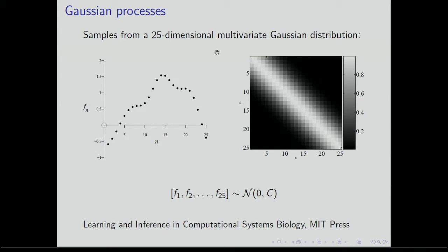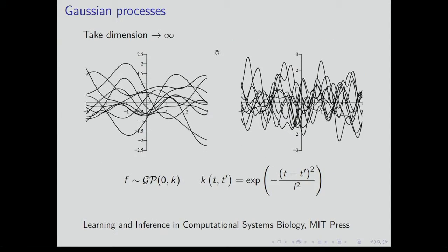And when you do that, the 25-dimensional vector, if you plot it along the index like this, starts looking a bit like a function. If you join the dots, it looks like some kind of smooth curve. So a Gaussian process is just where you take that limit formally to infinity.